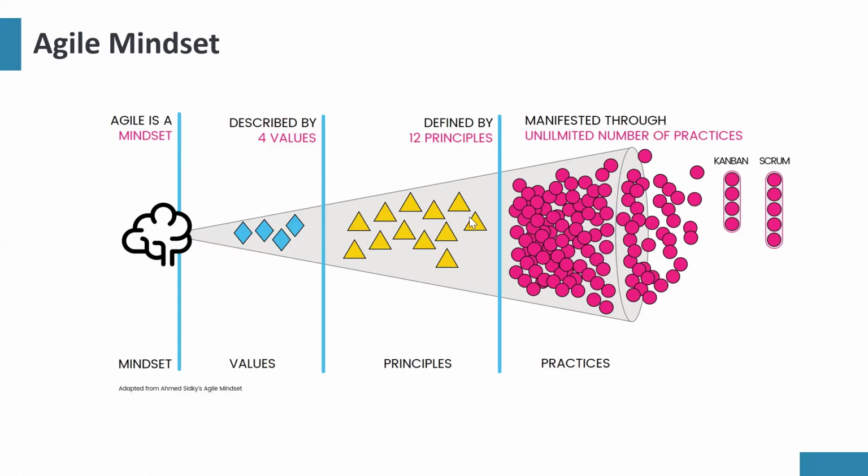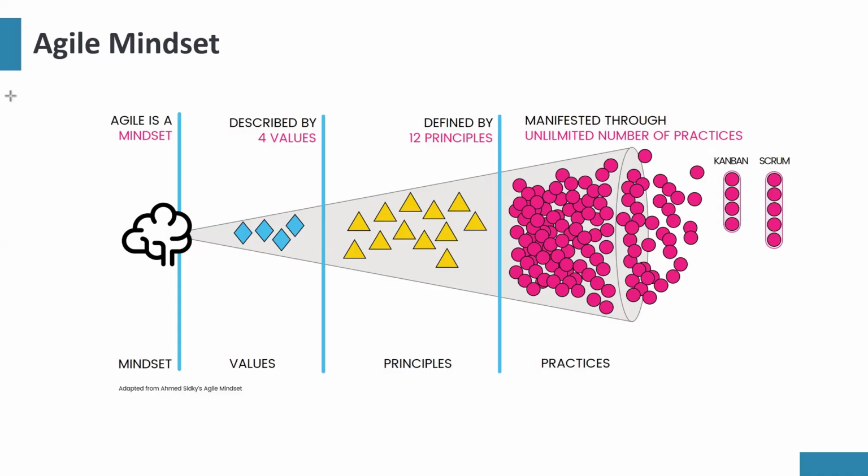And there are many practices that have been designed based on the four values and 12 principles. And that is what we call Agile. So when you have an Agile mindset, you have a deep understanding of the four values and 12 principles.